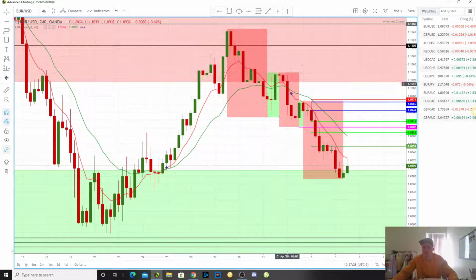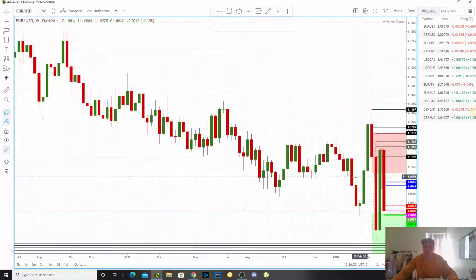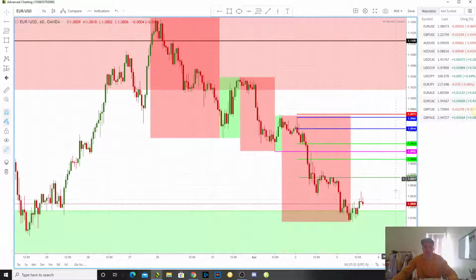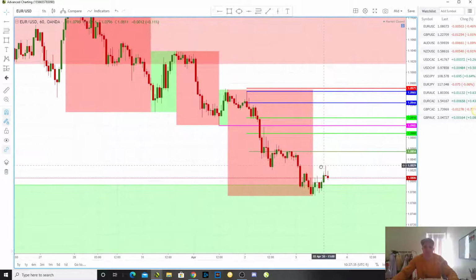So that would make this a takeable area, and then the buy would be a takeable area too, because it would be trending sideways at that point.